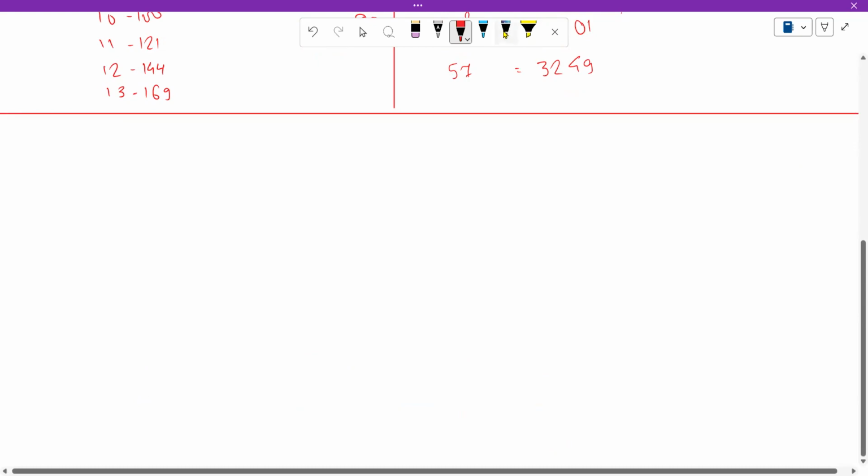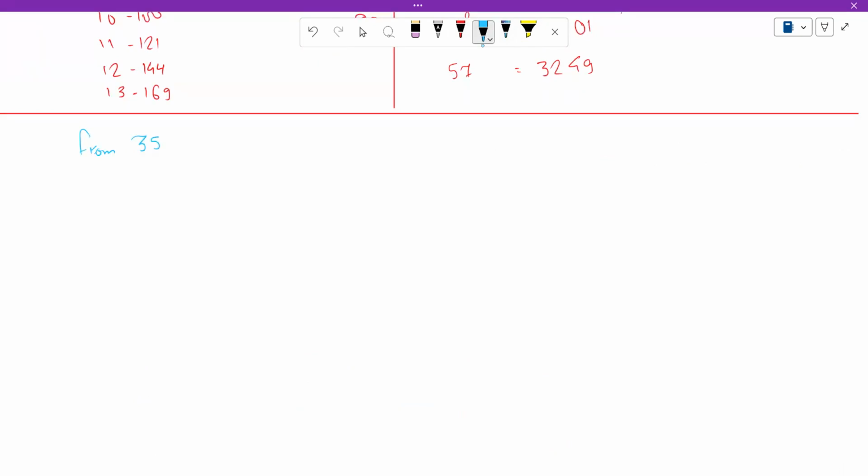Now let's focus on the trick. The first trick is from 35, or you can even take 30 also, there is no issue. You can take any number from 35 to 75. Let's take 75.